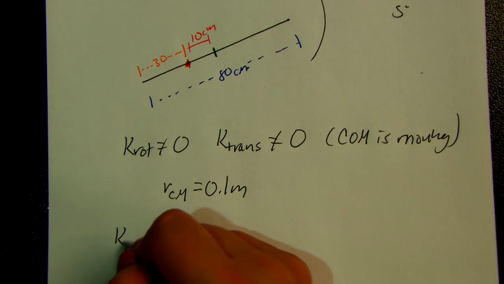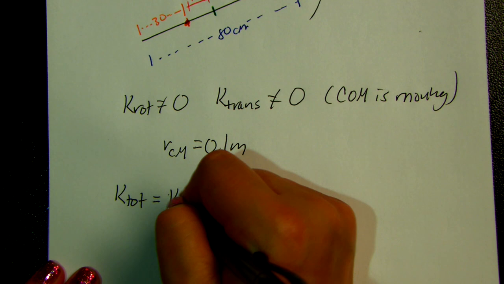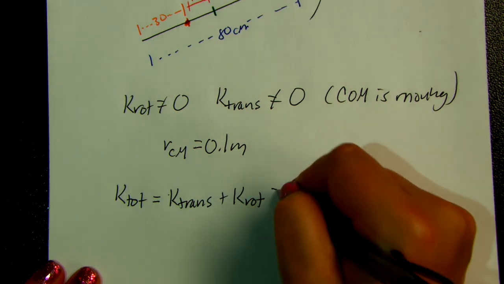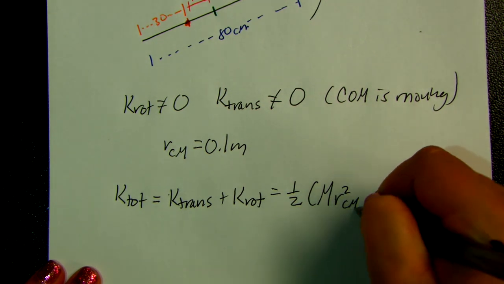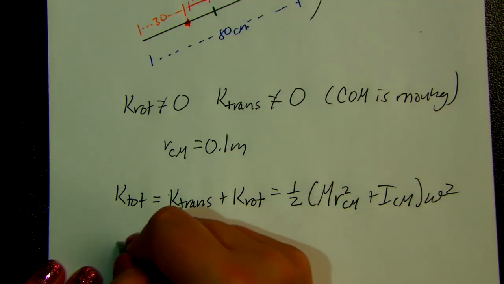So K total is equal to K translational plus K rotational, which is 1/2 (m RCM squared plus ICM) omega squared.